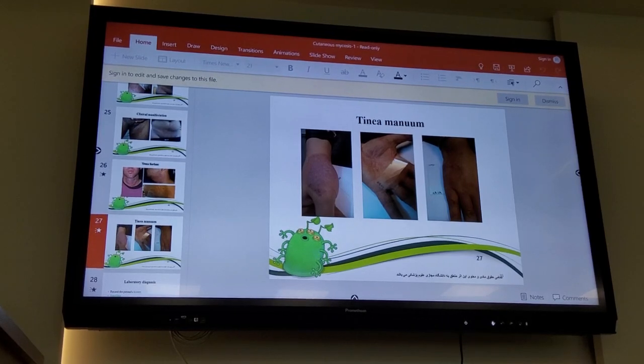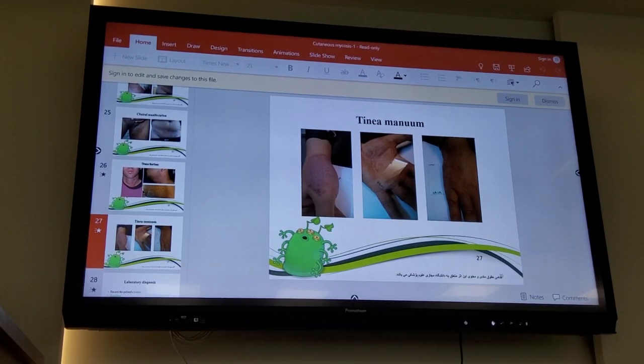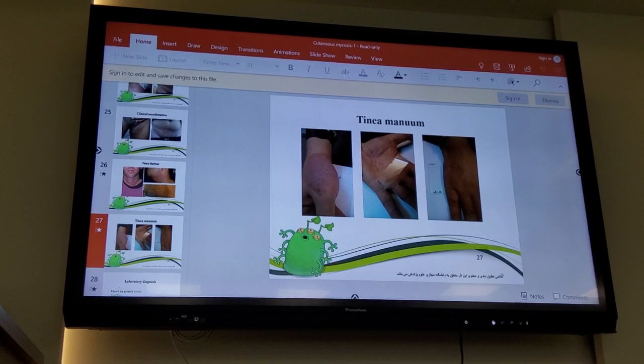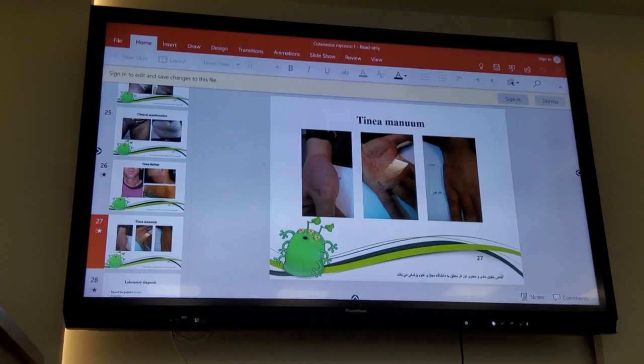The frequency of infection compared to tinea pedis is low because humans usually wash their hands, and there isn't enough time for colonization of dermatophyte in the interdigital space. But you may wash less in the toe web space.